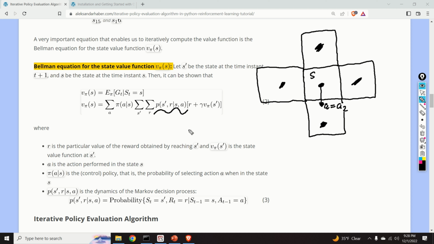These probabilities are encapsulated or governed by this probability that's called the dynamics of the Markov decision process.